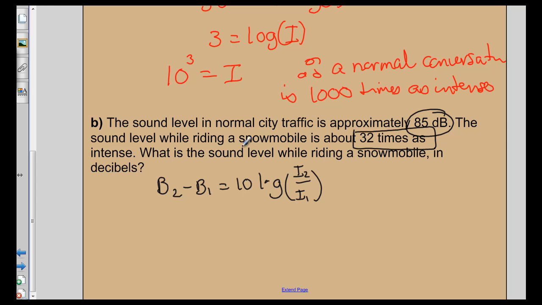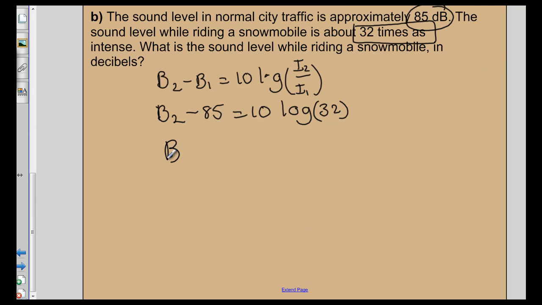So if we use kind of common sense, it sounds like the snowmobile would be louder than normal city traffic. So we're expecting the larger decibels to be B2. So I'm going to leave B2 and substitute in 85. And I know that the louder one is 32 times as intense.